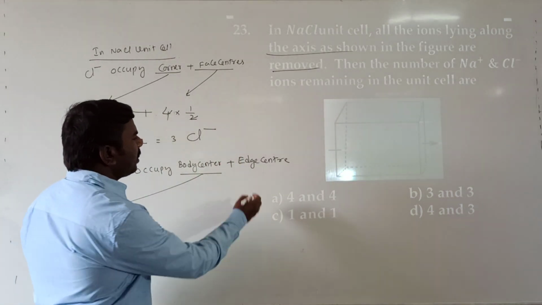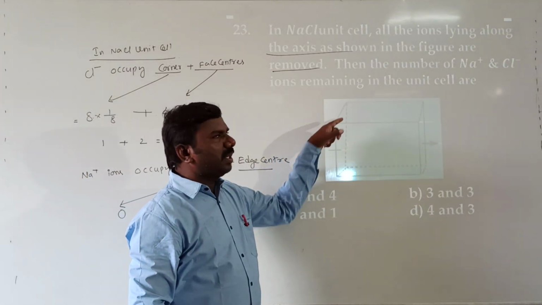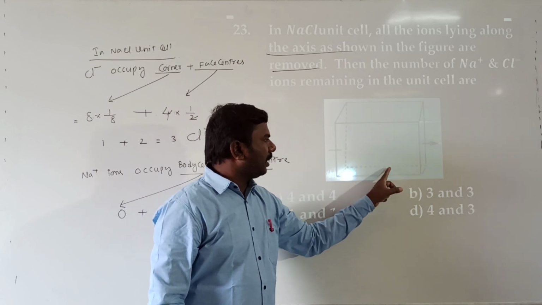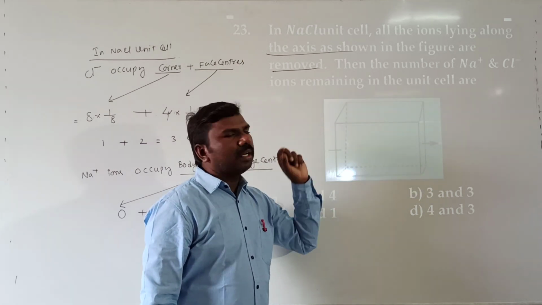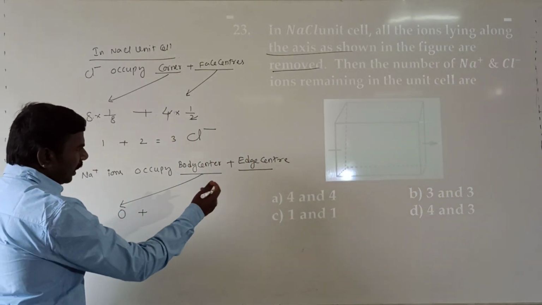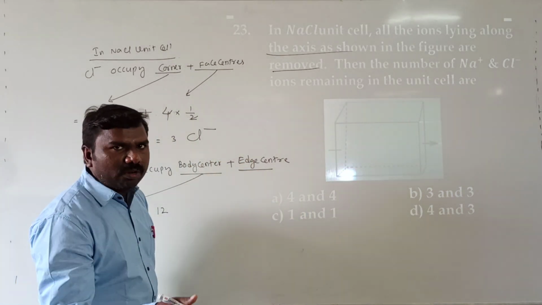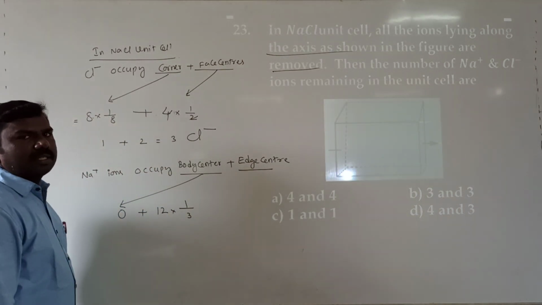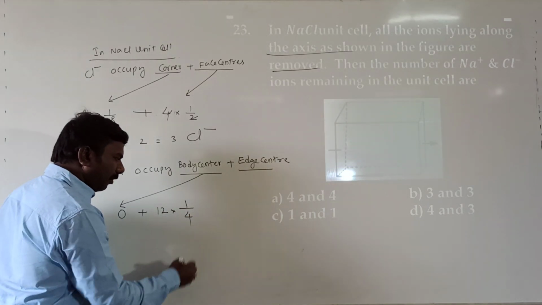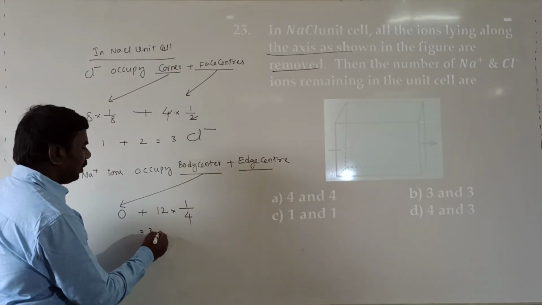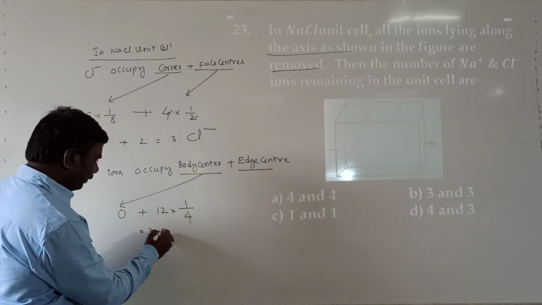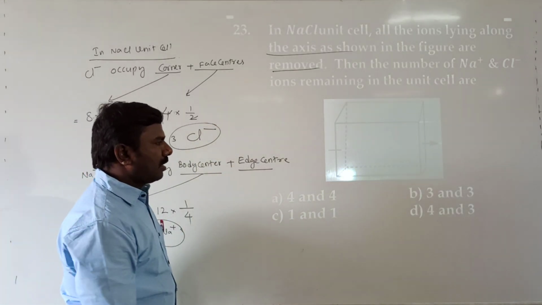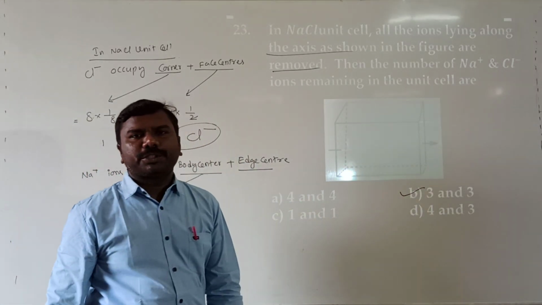Plus edge centers. So edge centers means 1, 2, 3, 4, 5, 6, 7, 8, 9, 10, 11, 12. Totally 12 are there. There is no removal of edge centers. Each edge center contribution will be 1 by 4. That is equal to 3. 3 Na+ ions. So 3 Na+, 3 Cl-. The answer will be the second option.